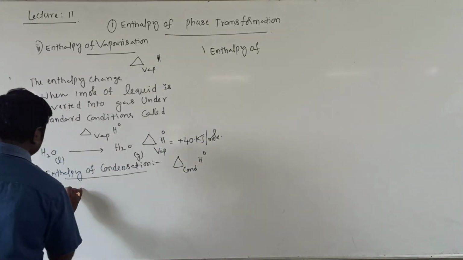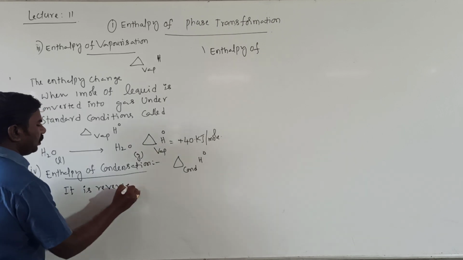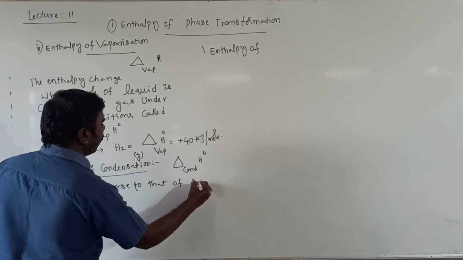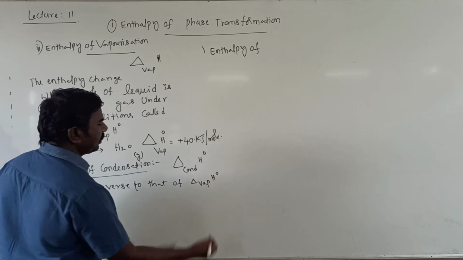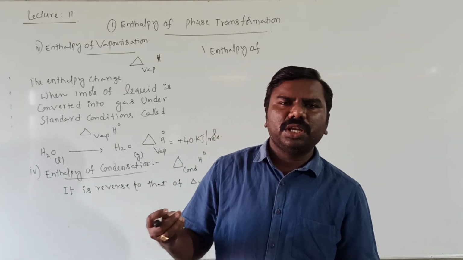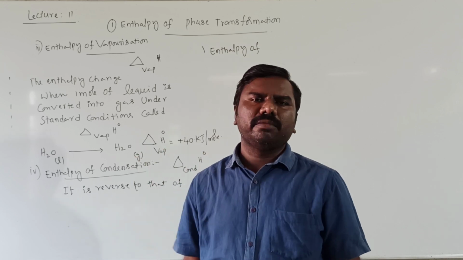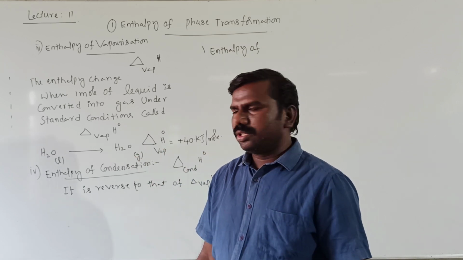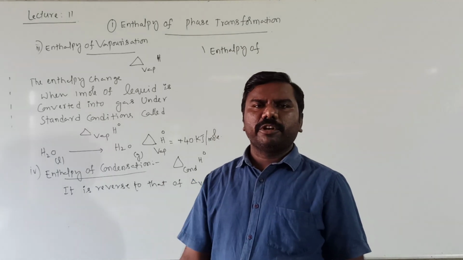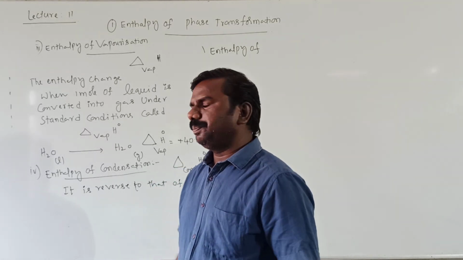It is the reverse of enthalpy of vaporization. I am not writing the statement, students. The enthalpy change when 1 mole of gas is converted into liquid under standard conditions is called enthalpy of condensation, or standard enthalpy of condensation, also named molar enthalpy of condensation.